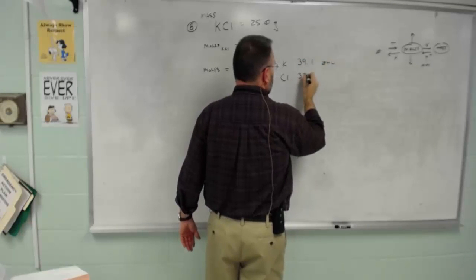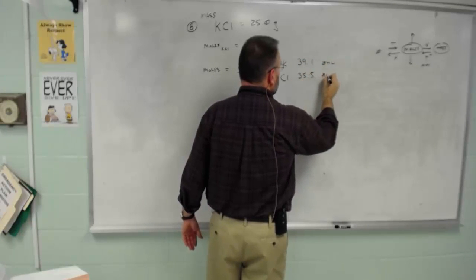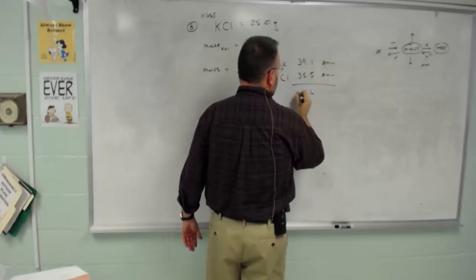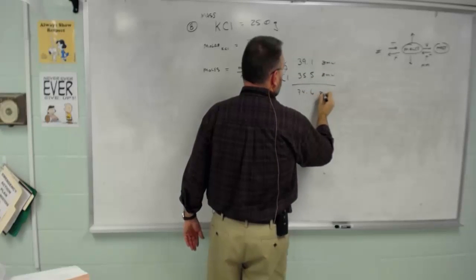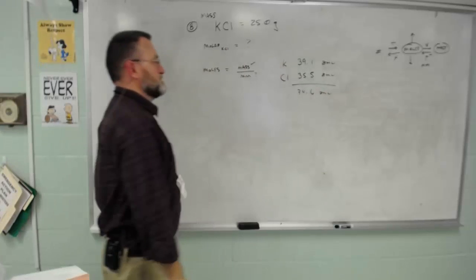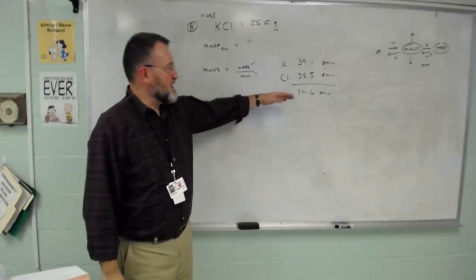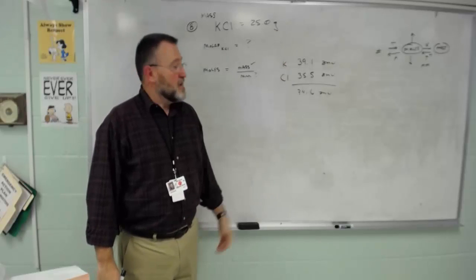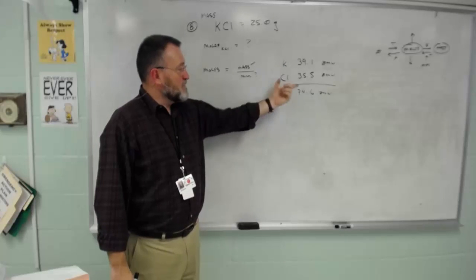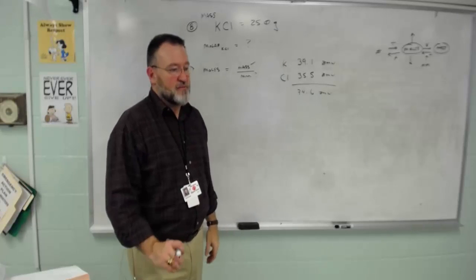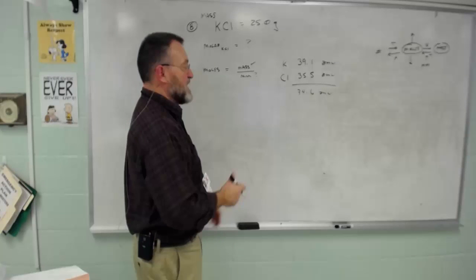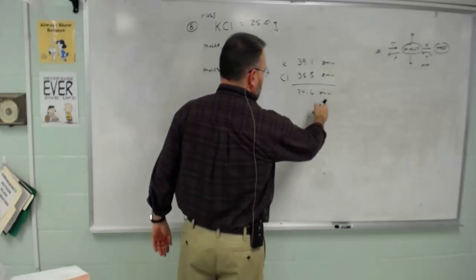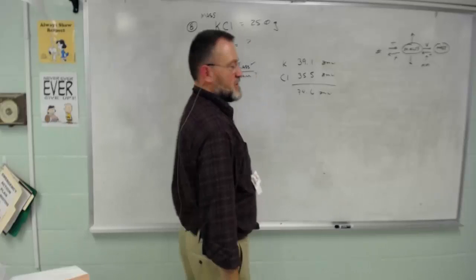Chlorine has a mass of 35.5 AMU. Together, they have a mass of 74.6 AMU. That is the mass of one molecule of potassium chloride. Knowing that, we also know the molar mass, or the mass of 1 mole of potassium chloride, is 74.6 grams.